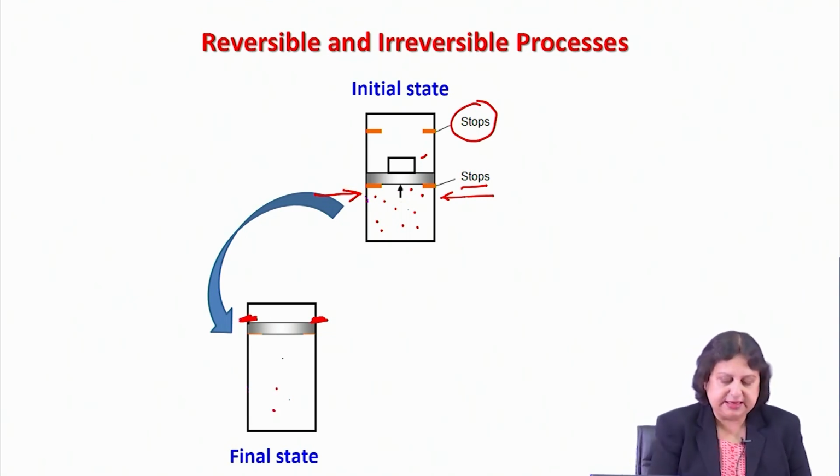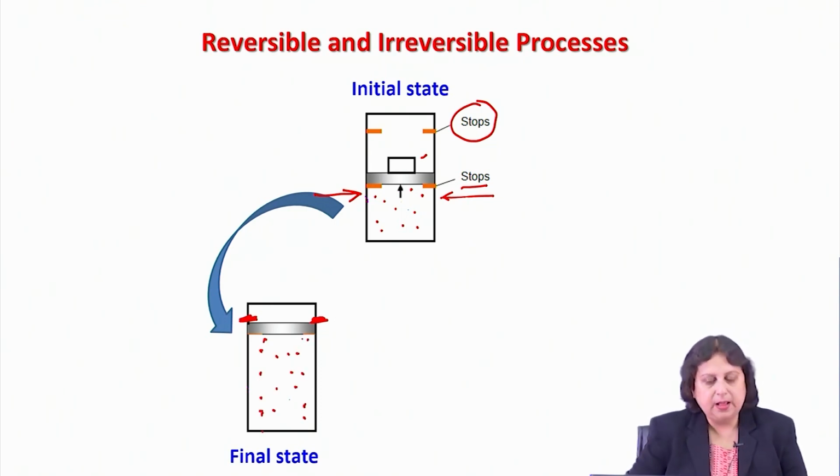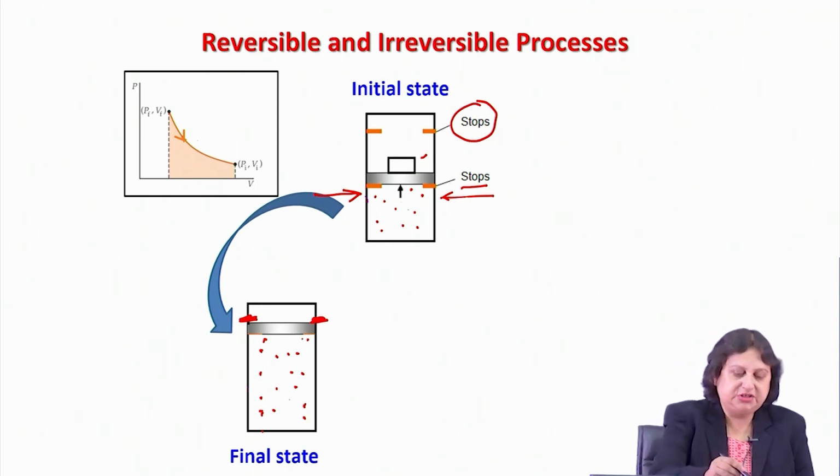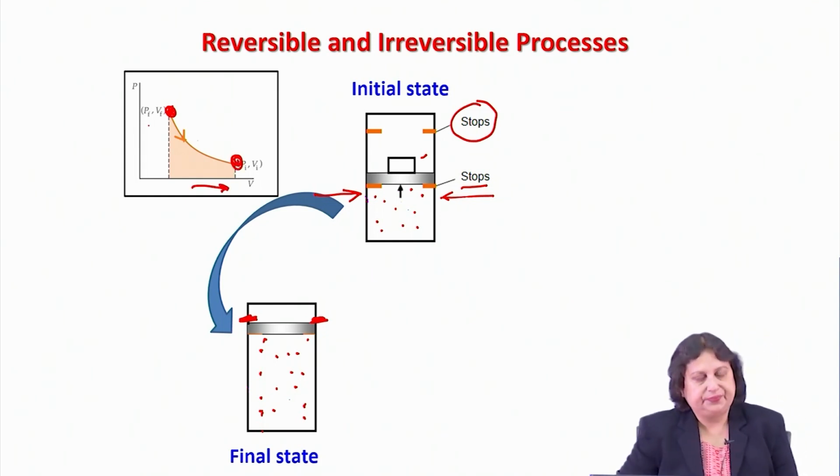So in the final state, this is the volume occupied by the gas. Now, if I want to represent this change in state in a PV indicator diagram, and if I carry out this change at an isothermal condition, then this change will be represented as the system going from here to here, where the volume increases and the pressure decreases.